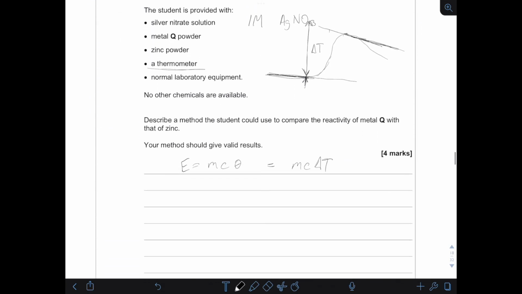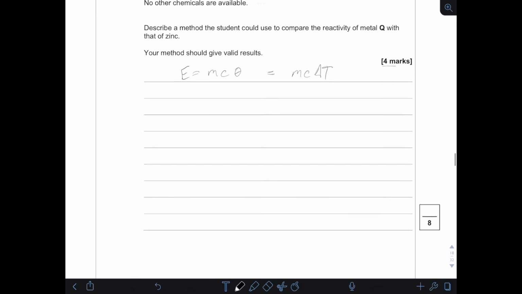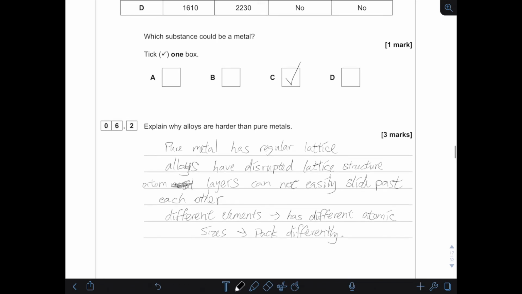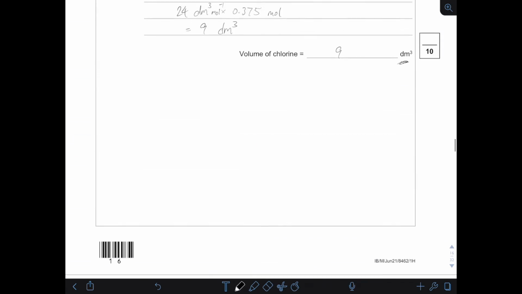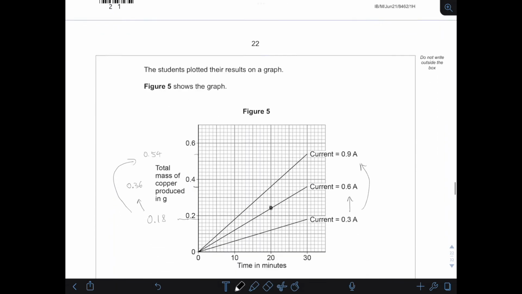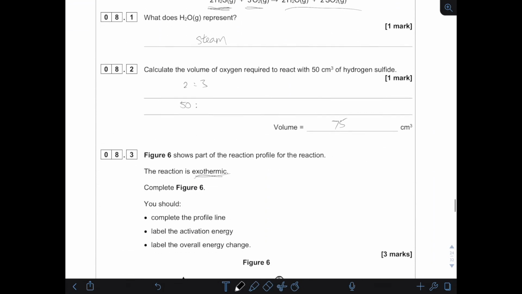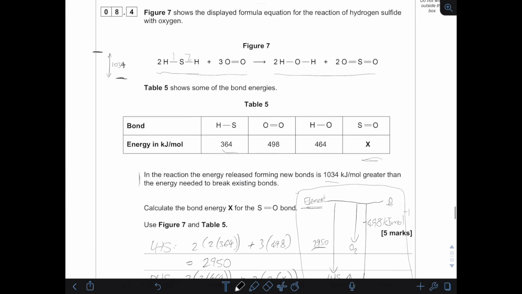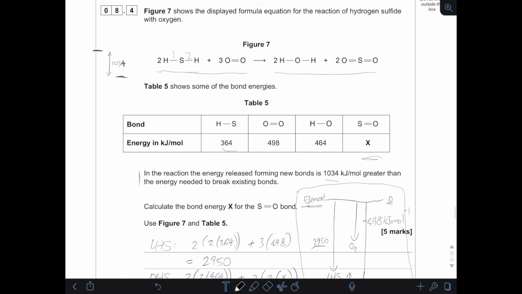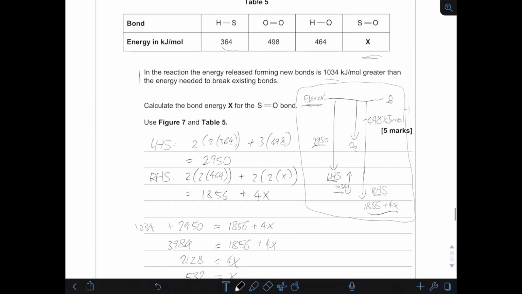Some of these long questions, these paragraph type questions, are mostly tricky, and I suppose the question on bond strength, calculating bond enthalpies, these ones are typically really stressful for people, because you need to remember the definition of bond energy, and it just confuses people.